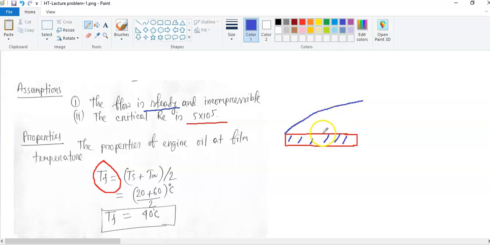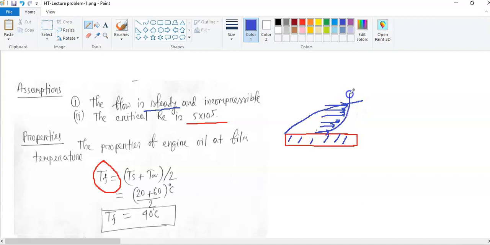When it creates a boundary layer, all of you know the velocity here is 0. Then the velocity increases gradually, and after a certain point the velocity becomes stable, so no more increase. Then it becomes equal to the free stream velocity.